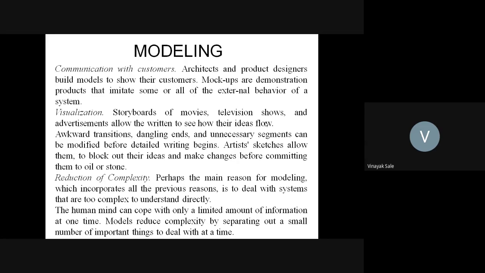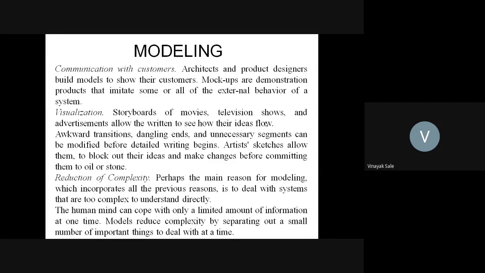Architects and product designers build models to show their customers mock-ups and demonstration products that imitate some or all external behavior of the system. Then the third one is visualization. Storyboards of movies, television shows and advertisements allow the writers to see how their ideas flow.